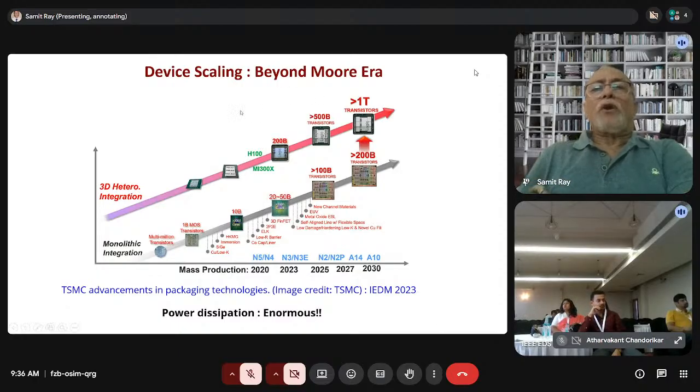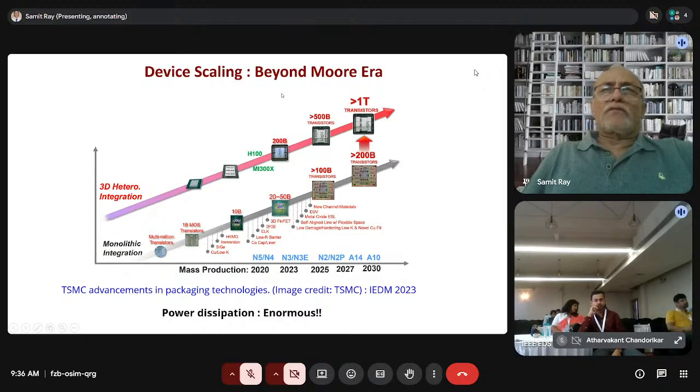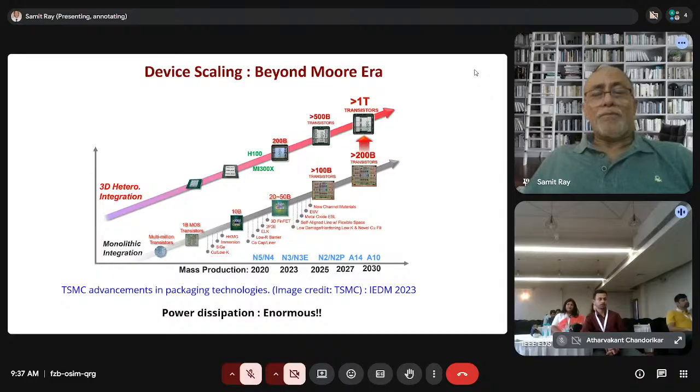We are in the age of beyond Moore. Moore's law predicted that we could go down to maybe about 8 nanometers in terms of feature size. After that, Moore's law no longer holds. But the devices that we have have already crossed that limit. Today, in state-of-the-art devices, you can have up to 100 billion transistors per chip.